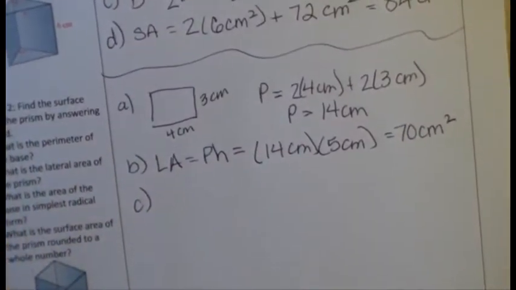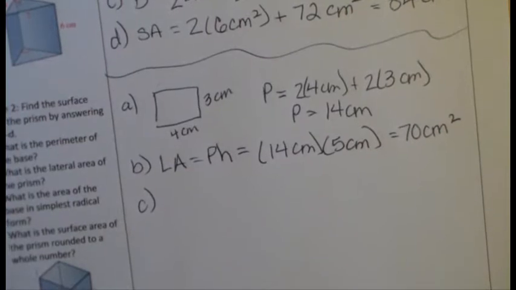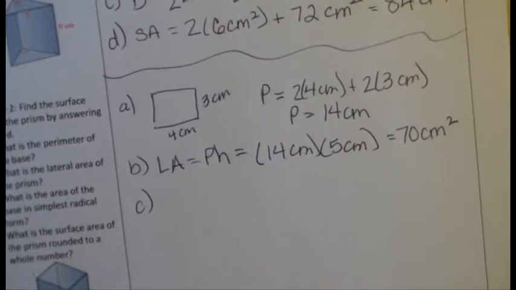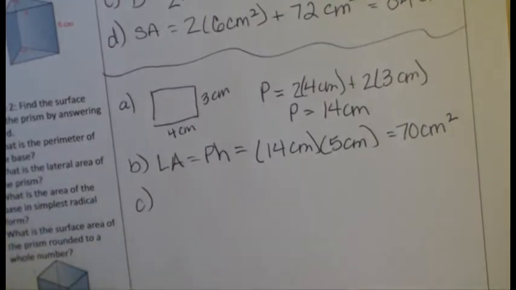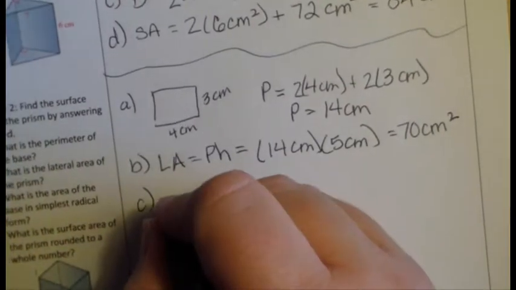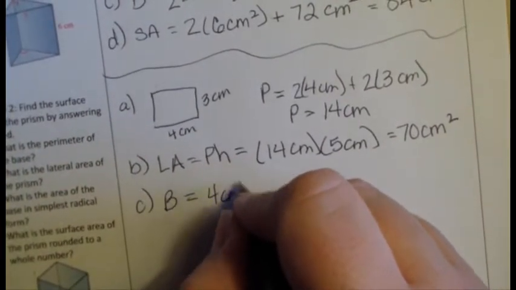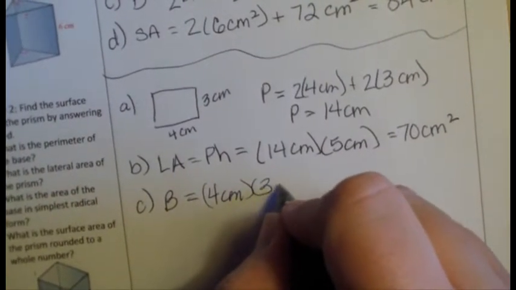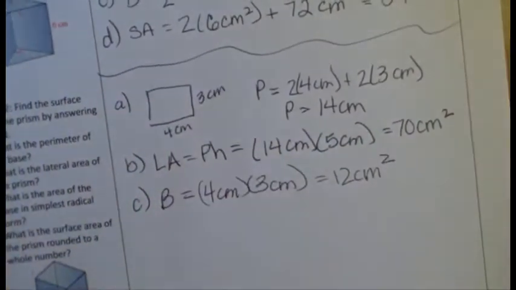Part C, area of the base in simplest radical form. We're working with a rectangle, so the formula for the base area is base times height, so 4 centimeters times 3 centimeters, which is 12 centimeters squared.